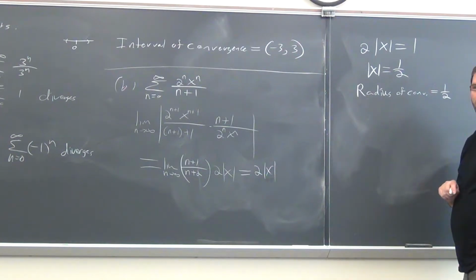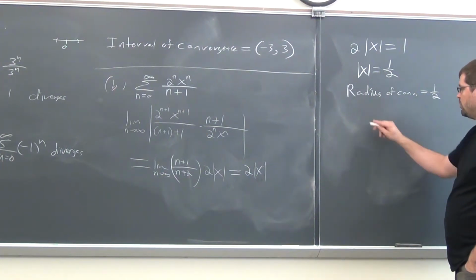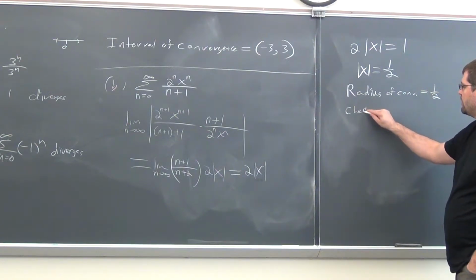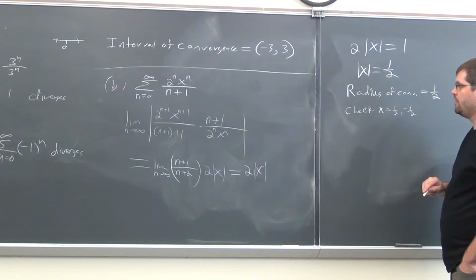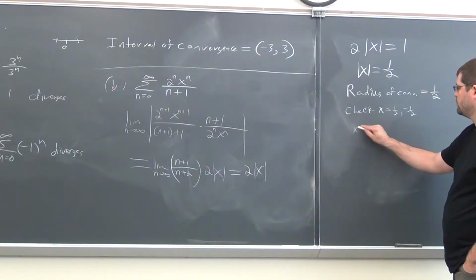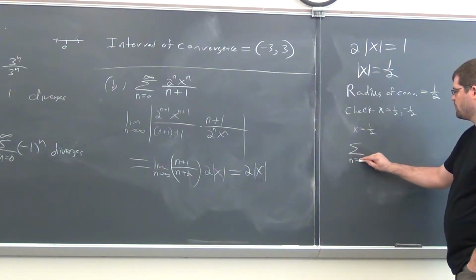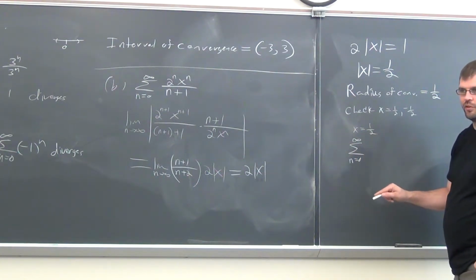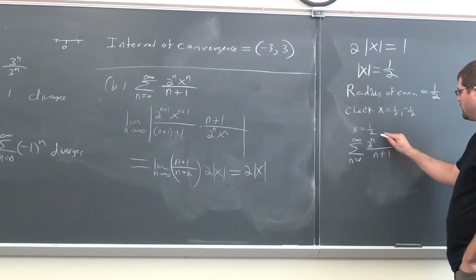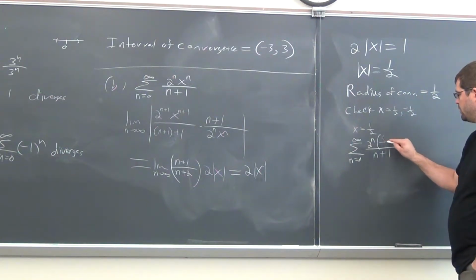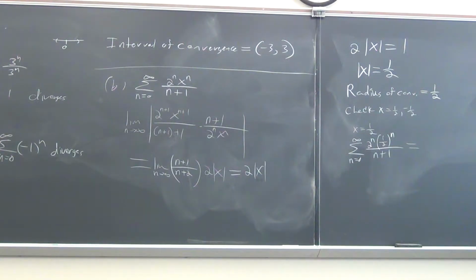Now your endpoints will be where? Negative 1/2 and 1/2, so check those. Let's do that. At 1/2, your series becomes, this time I'm just going to plug in for the x, 2 to the n over n plus 1, and if I replace the x with 1/2, what do I end up with?